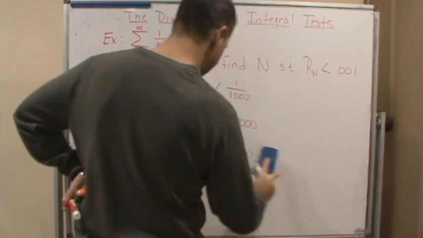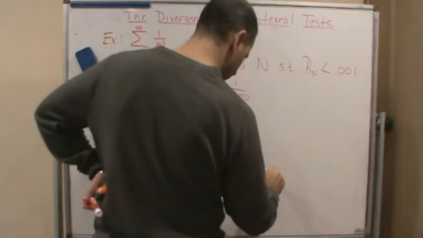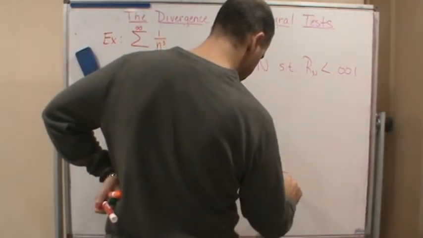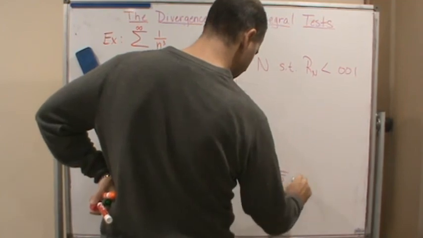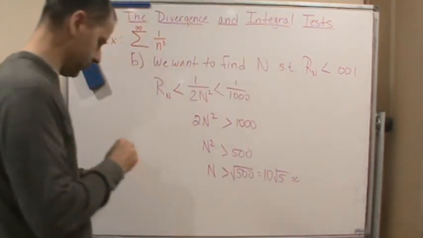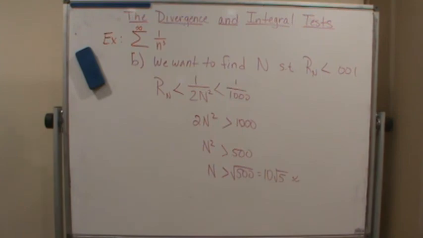So this is going to end up being 10 times the square root of 5. So again, we have to use our calculator because we're trying to find the minimum value of N, and N is an integer, okay? And so what do we get?